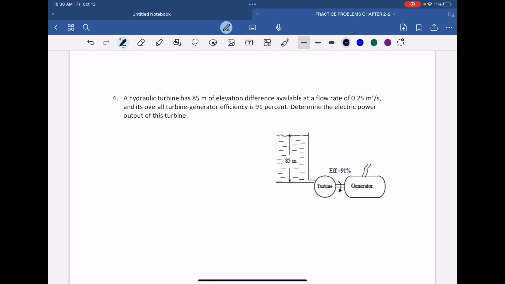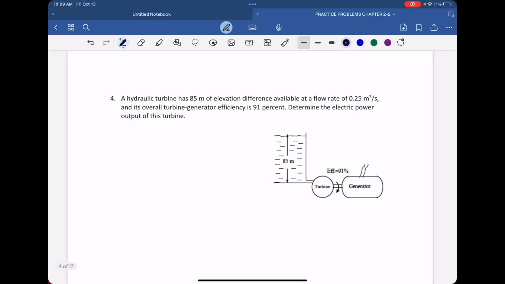That mechanical energy of that fluid is going to be converted into mechanical energy by rotating the shaft, and that shaft inside the generator, which is the output of the turbine but input of the generator, is going to generate electricity.